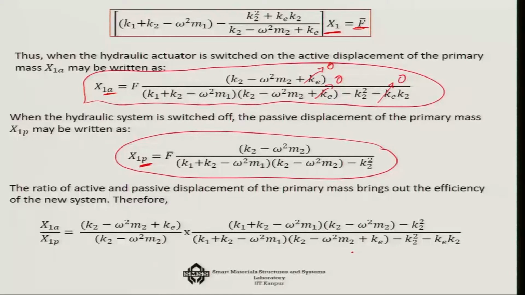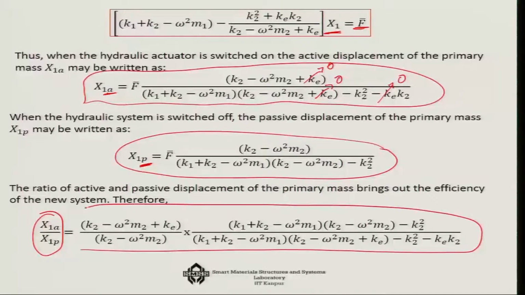Now, I can make a ratio of passive and active, it will be a nice non-dimensionalization. Also, it will tell us how effective the active response is with respect to the passive one. So, we can find that out by comparing these two equations. You have pretty complex equations, and you can find out the expression of it.